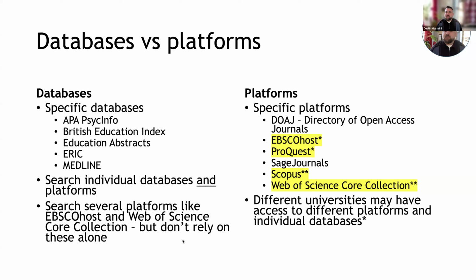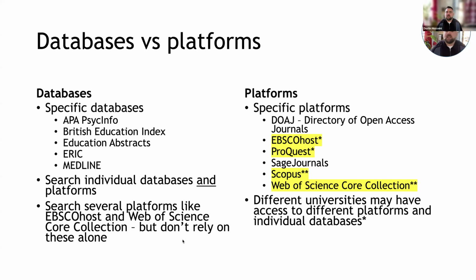Those items highlighted in yellow are actually multidisciplinary platforms. So you may search for an article on, say, mental health and education, but then it will link out to different journals that might relate to education or mental health specifically, or medicine or psychology as well.